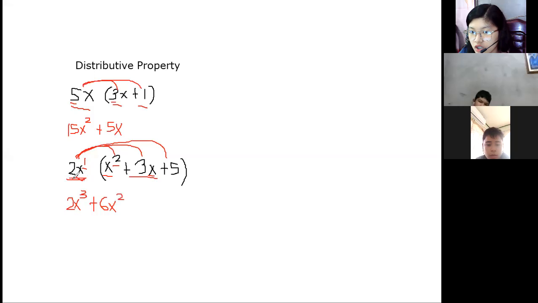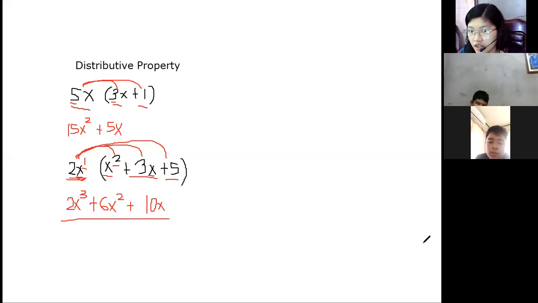And next, dito tayo, 2x times 5. So, yung number lang ang pag-multiply. So, 2 times 5, that is 10 po. 10. Very good. And, yung variable, which is x. So, the final answer is 2x cubed plus 6x squared plus 10x. Clear? Clear ba sa inyo yan?